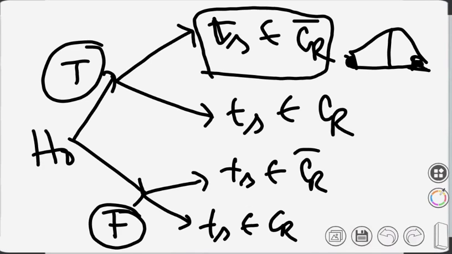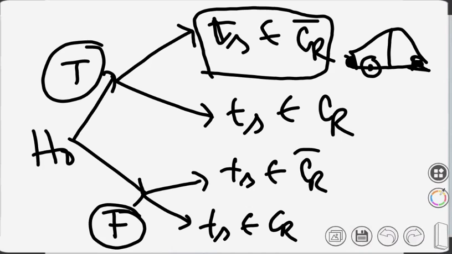TS belongs to CR bar means the value of the test statistic falls in the acceptance region. Then what will we do? We will accept the null hypothesis. As I've said, CR bar is the acceptance region, so if the value of the test statistic falls in the acceptance region, we will accept the null hypothesis.